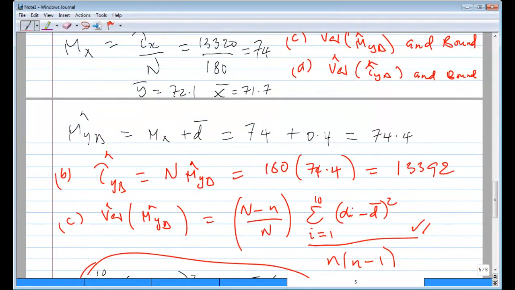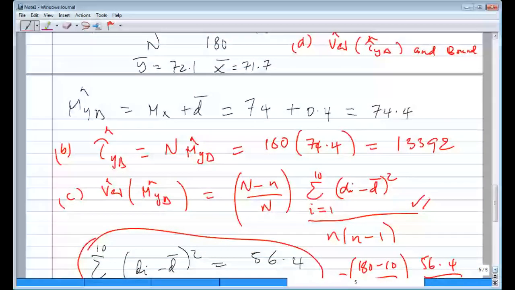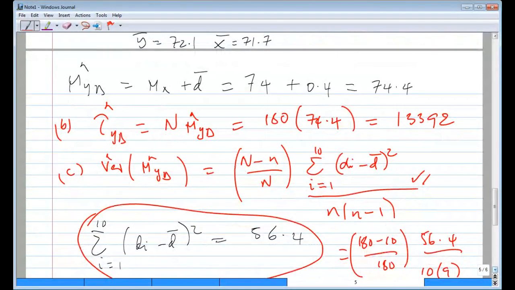When simplified, it will be n into n minus small n, all divided by small n, then multiply by the variance of the di.